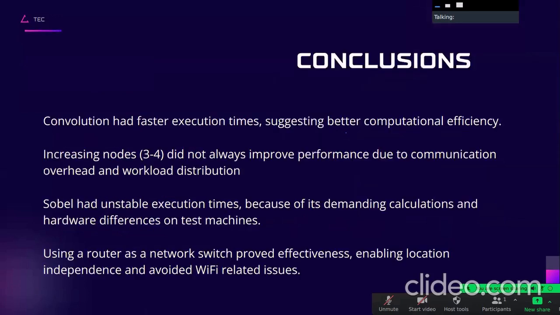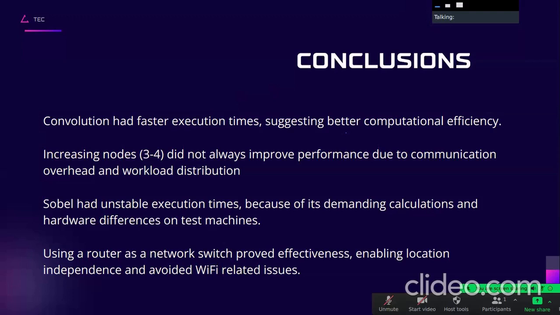Now, to conclude this research, it can be affirmed that convolution had faster execution times, which suggests better computational efficiency. Also, we can affirm that increasing nodes did not always improve performance due to communication overhead and workload distribution, and of course, hardware differences inside the test machines.